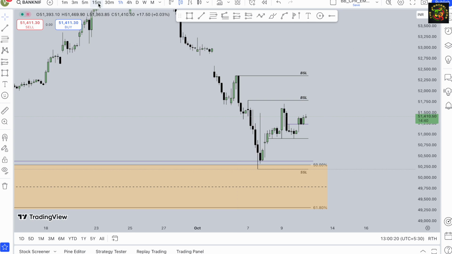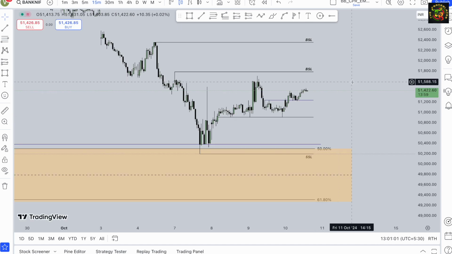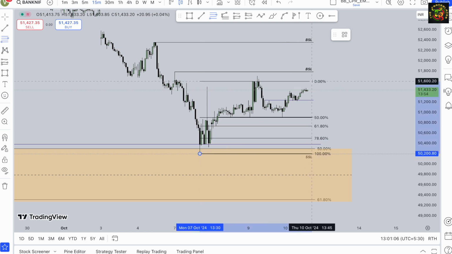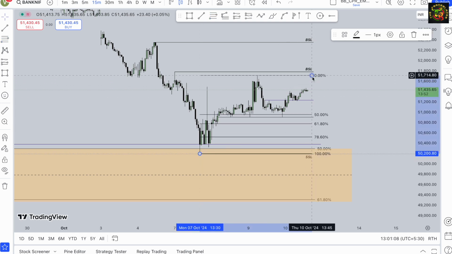If I switch back to the lower time frame, the first setup I wanted to trade for today is that, let's say if I draw a fib retracement tool from here to this swing high, you can see that the golden fib zone is coming somewhere here.